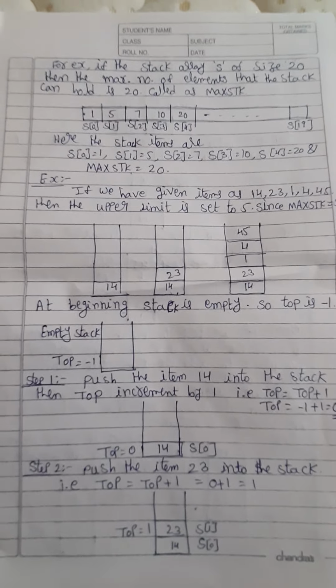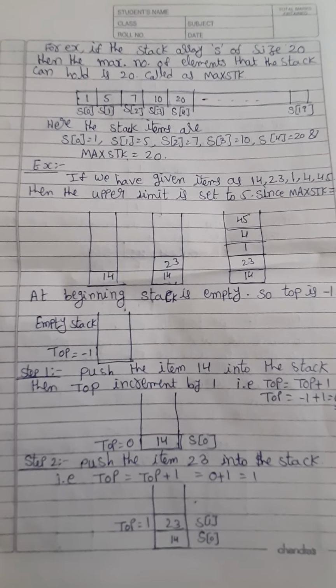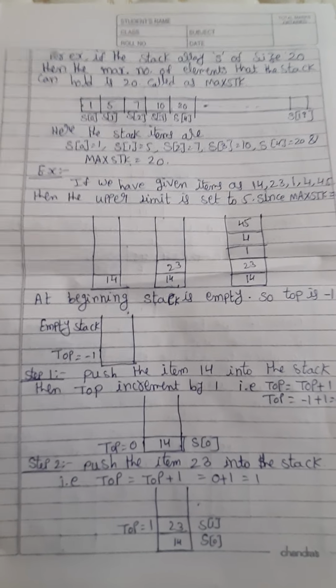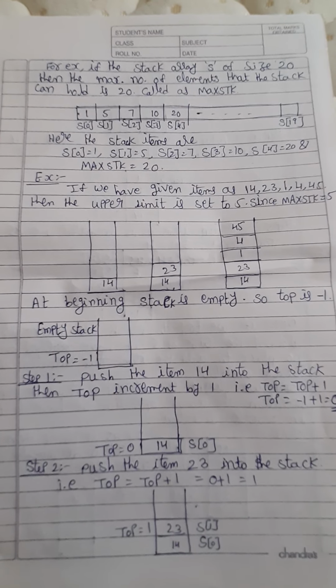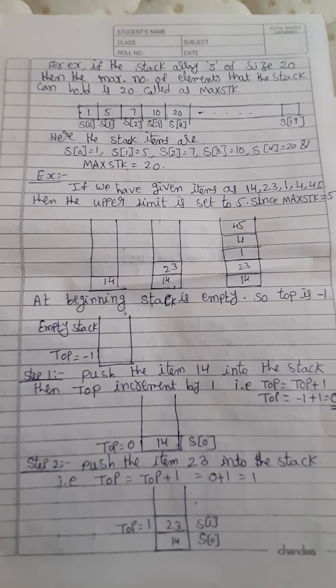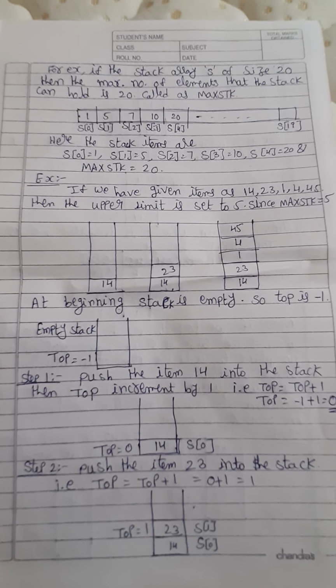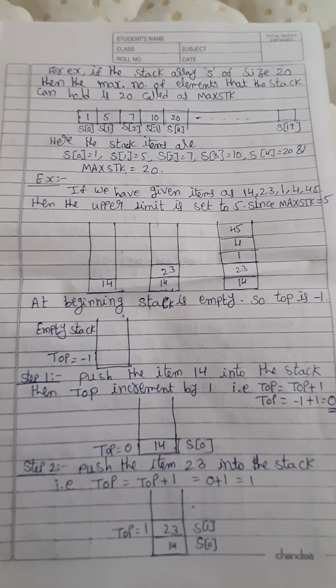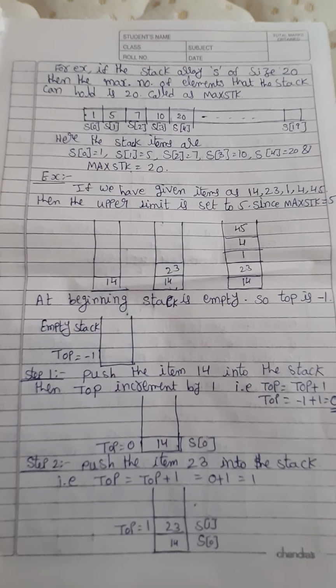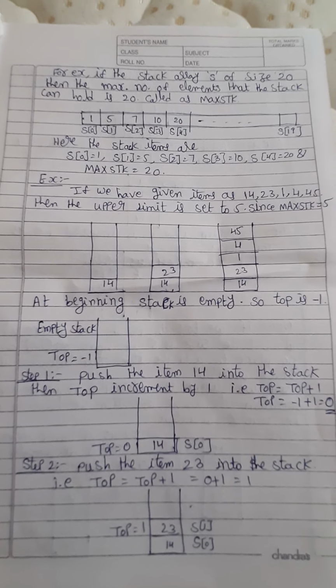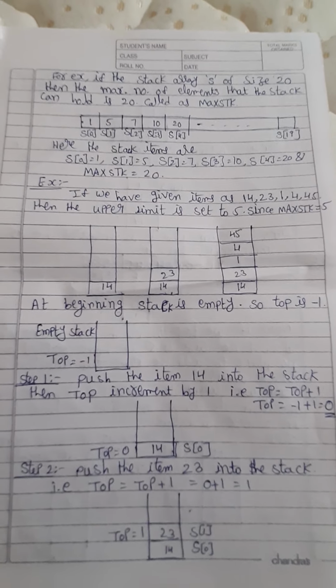They have defined it by the variable max stack equal to 20. The elements will be inserted into the stack using the array indices, from 0 to 19, that is S of 0 equal to 1, S of 1 equal to 5, S of 2 equal to 7. Like that we can insert up to S of 19, that is a total of max stack equal to 20 elements.